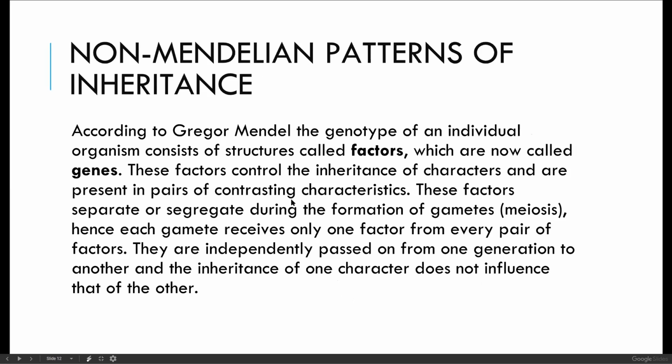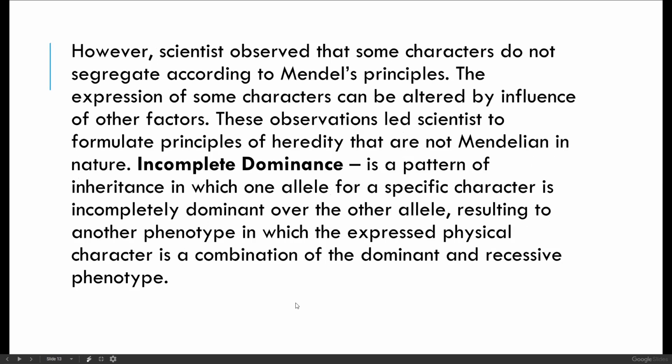These factors separate or segregate during the formation of gametes, or gametogenesis, through meiotic cell division or meiosis. Hence, each gamete receives only one factor of every pair. They are independently passed on from one generation to another, and the inheritance of one character does not influence that of the other.